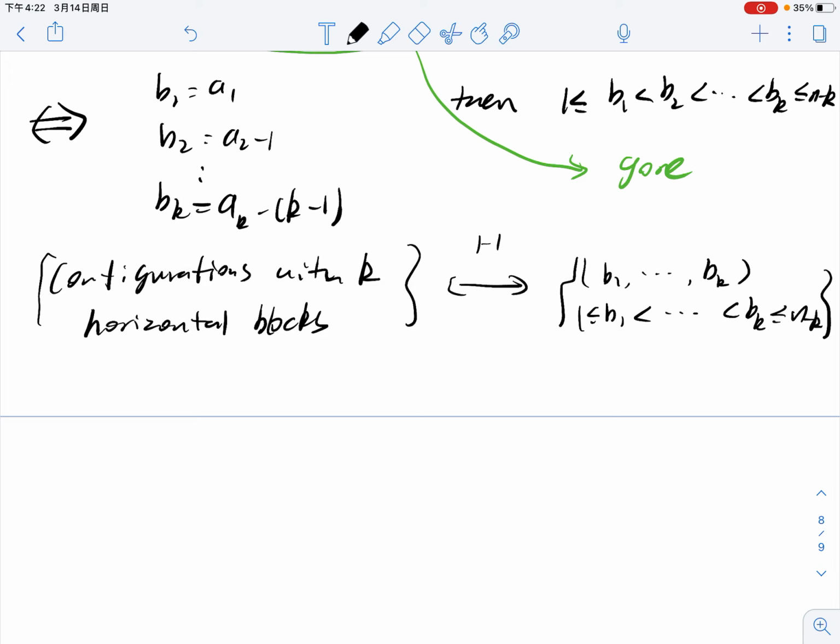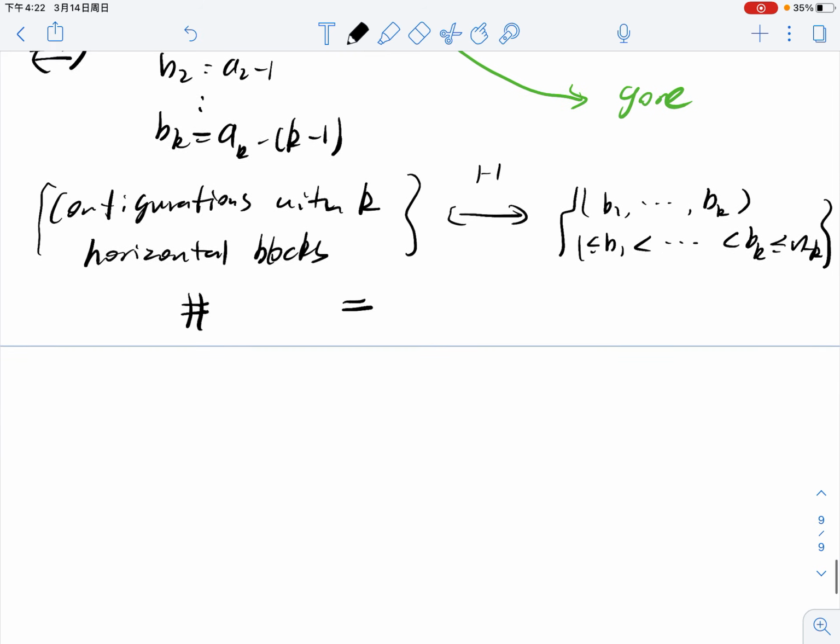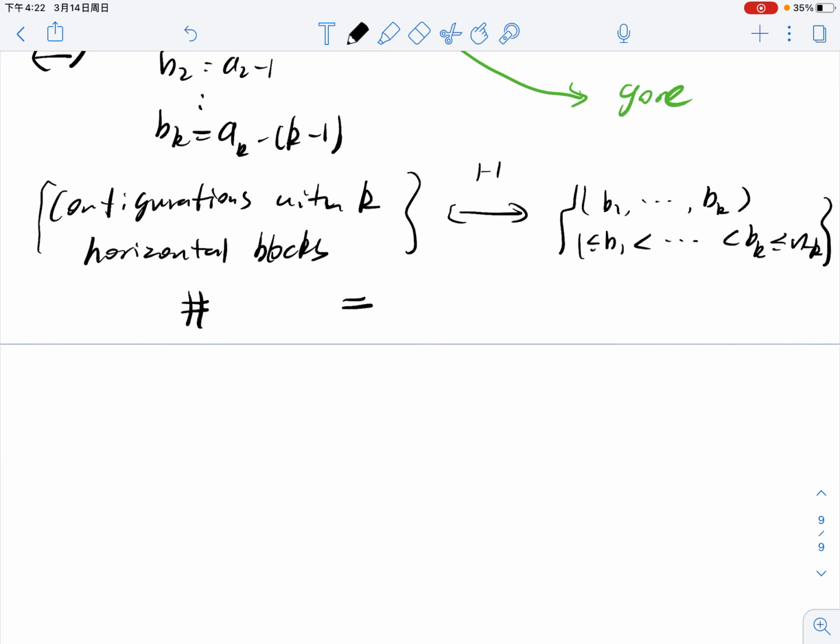And then, of course, if you compute the cardinality of the set, you will know that the number is n minus k choose k.